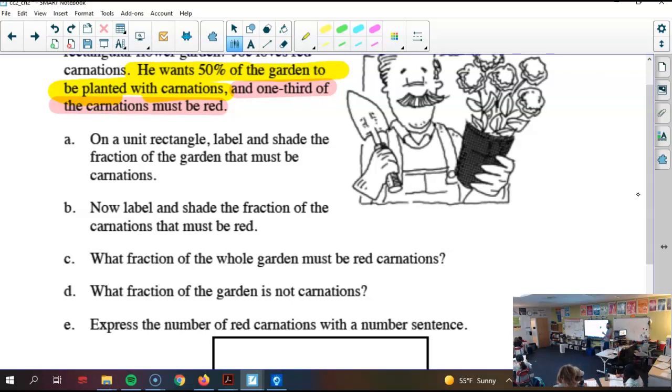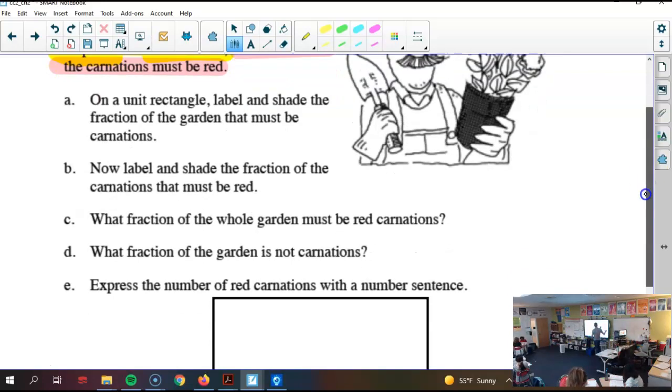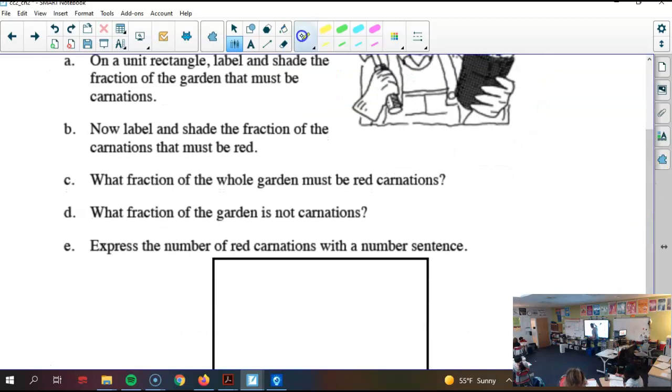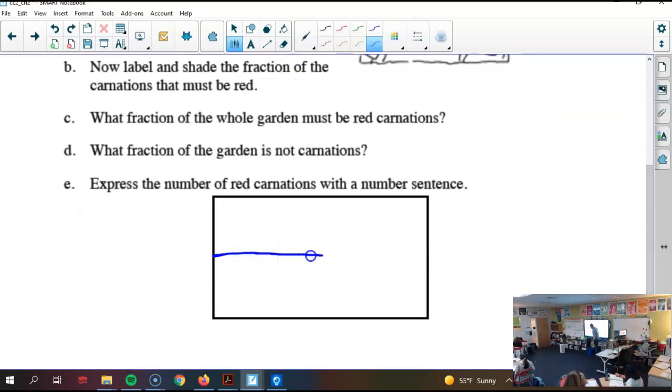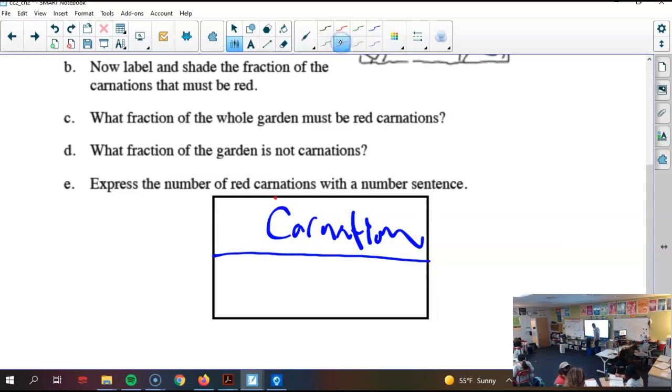Actually, you bring up a good point. Order doesn't really matter. I could do 1/3 first. I could do half first. I just got to make sure I do both. So half is carnations. All right, half is carnations. And then 1/3 of them are red.